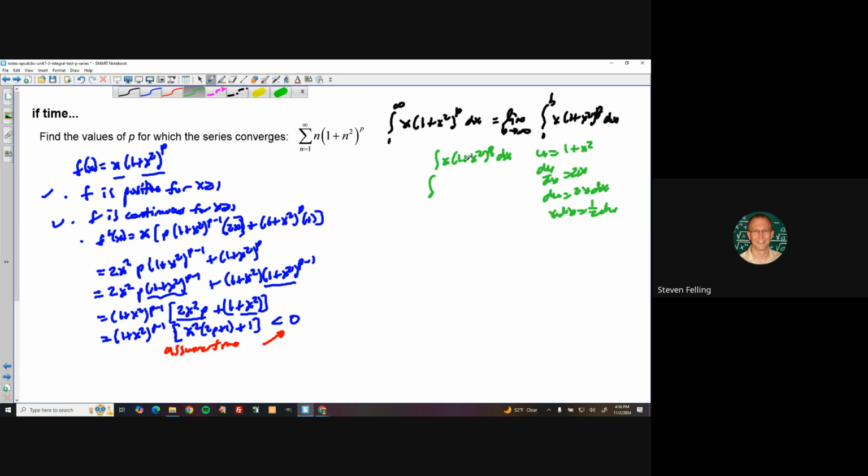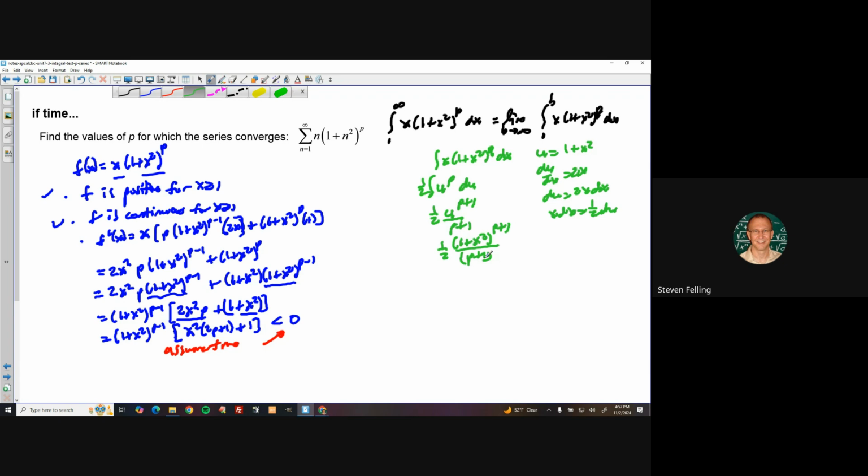So this becomes u^p, and x dx is 1/2 du. That means the antiderivative is 1/2 times u^(p+1) divided by p + 1. And then I'll replace u with 1 + x squared. So this is 1/2 times (1 + x squared)^(p+1) divided by p + 1.